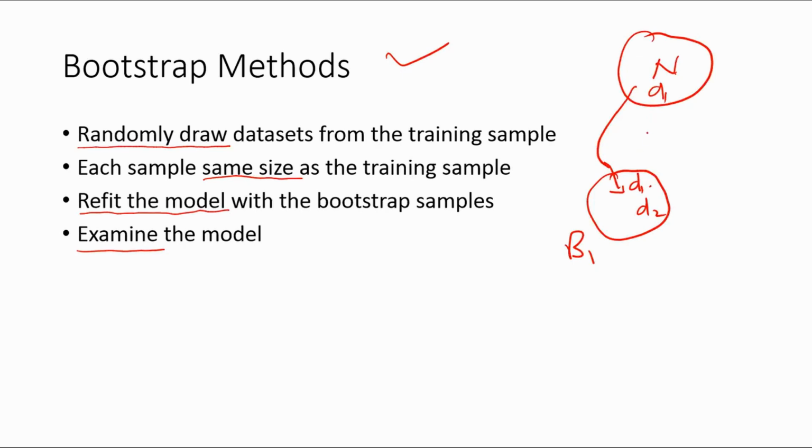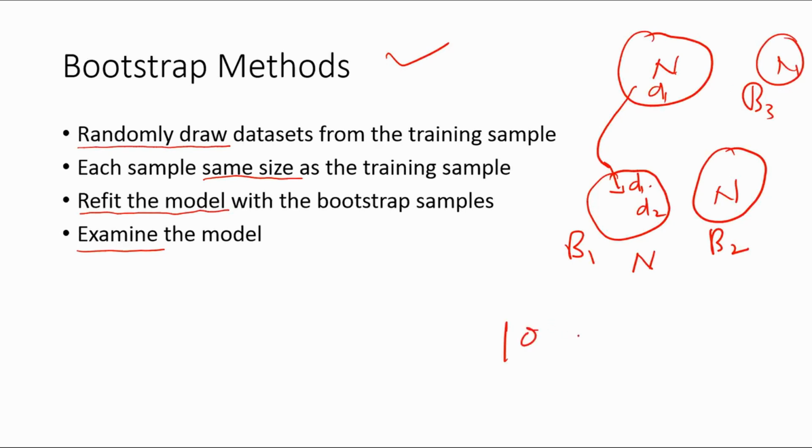Okay, so the data points can be selected more than one time. So the number of data points in bootstrap sample B1 will also be n. Similarly, you can have bootstrap sample B2, which will again have n data points, bootstrap sample B3 with n data points, and so on. And let's say you have 100 such bootstrap samples.